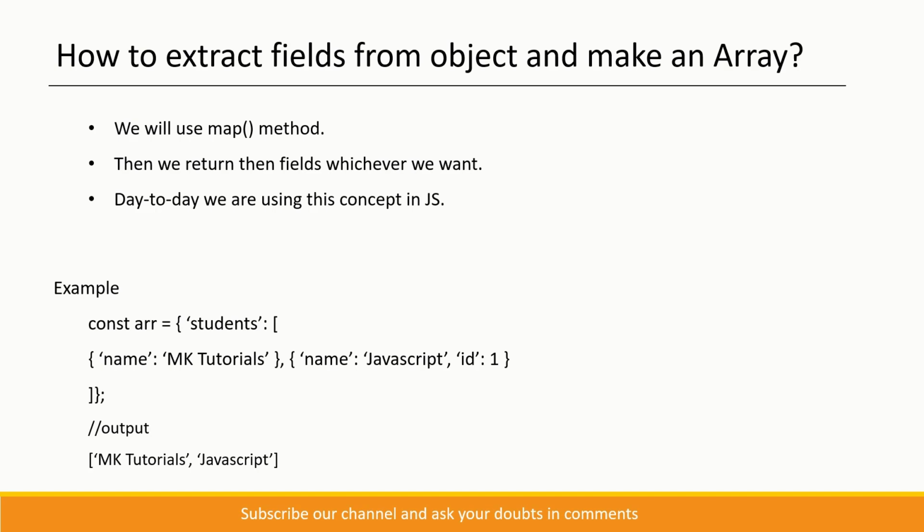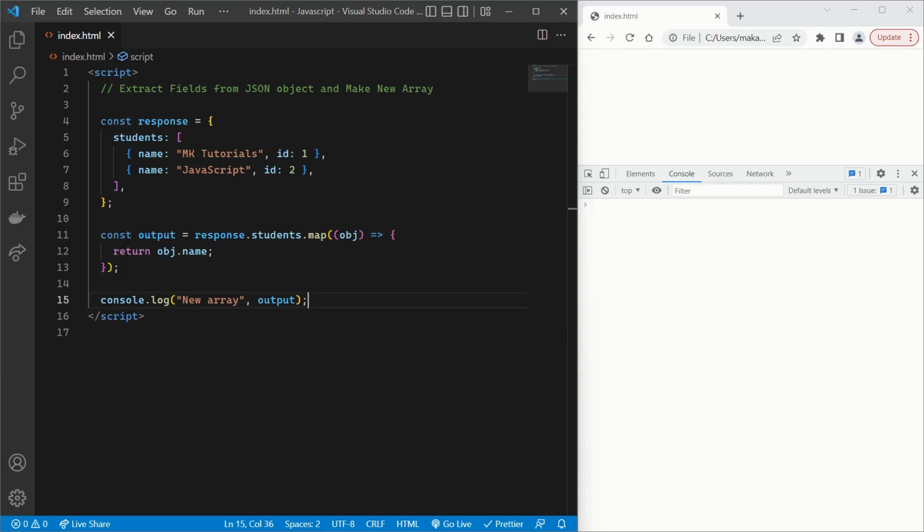Inside that object there is a students array, and that students array has multiple objects with some key-value pairs. There are a lot of key-value pairs in each student object, but in the final output we want only the name. So how do we extract only the name from the students array? Let's see this example at the code level.